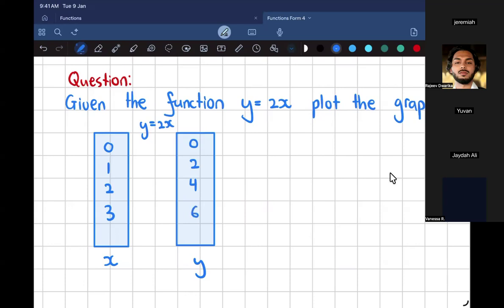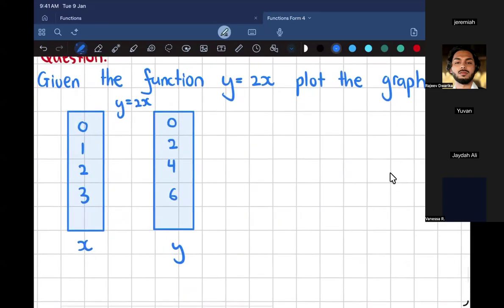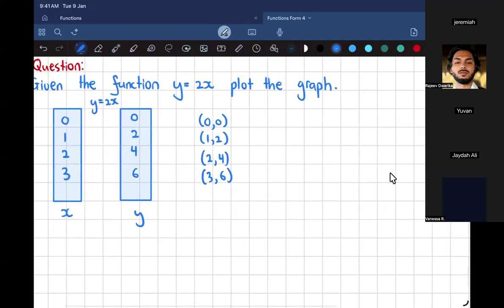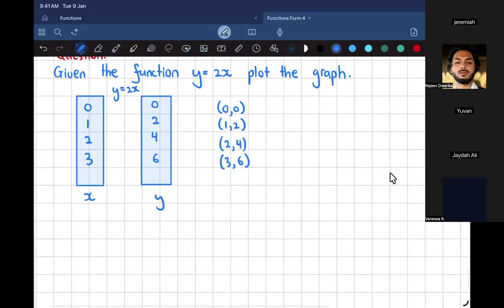My bad. So I want you to generate the points for me. The first point is 0, 0. What's the other point? 1, 2. The other point, 2, 4, and the last one, 3, 6. Great. We're going to plot this and finish this very, very soon. It won't take any time.